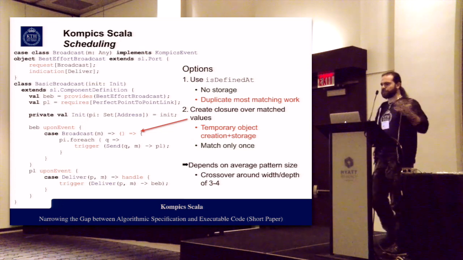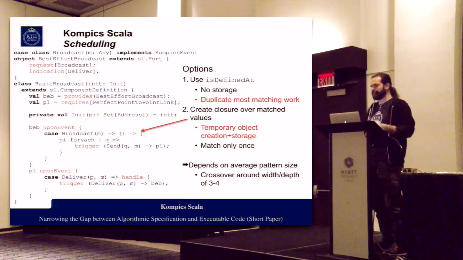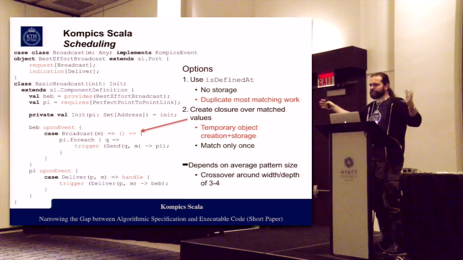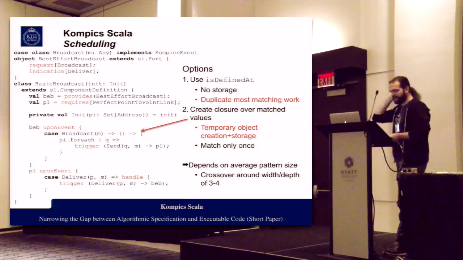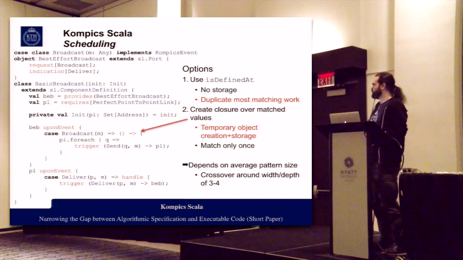At some pattern complexity, the second is going to be better than the first. And it turns out that complexity is about a width or depth of around 3 to 4, right? So a case class with 4 fields, that is about when they break even, or a nesting depth of 3 or 4. And when I implemented this, I thought this would be pretty common and pretty relevant, so I ended up implementing this one.